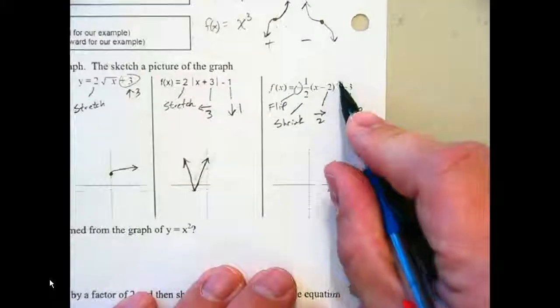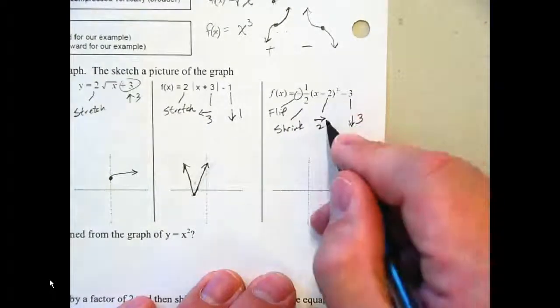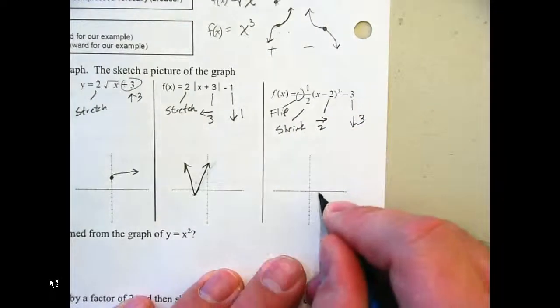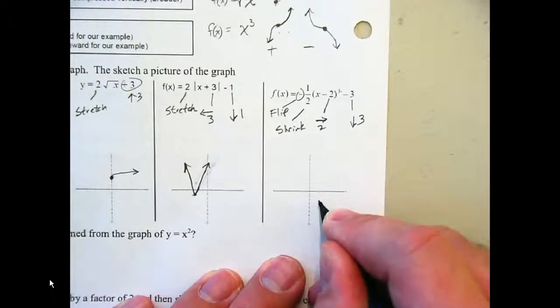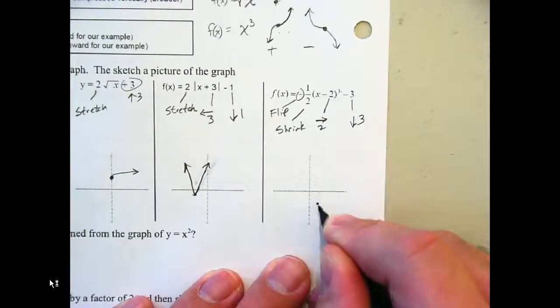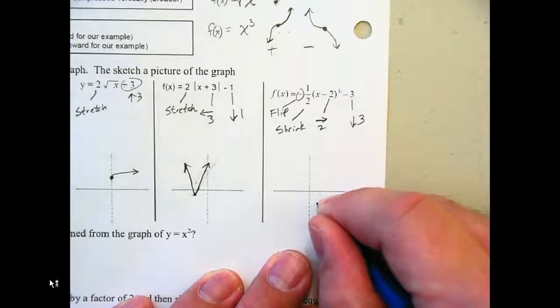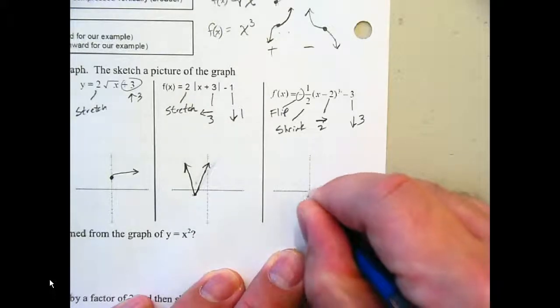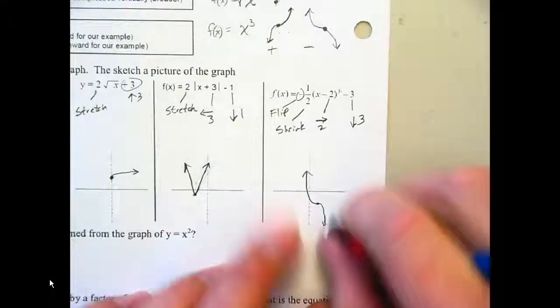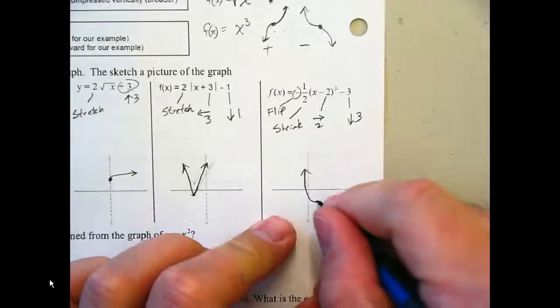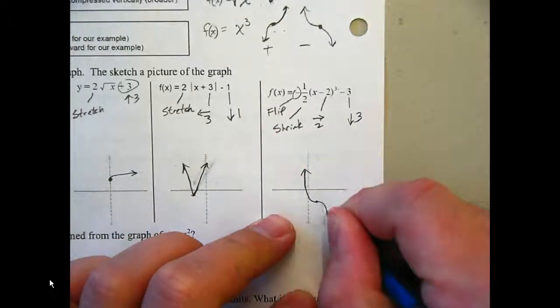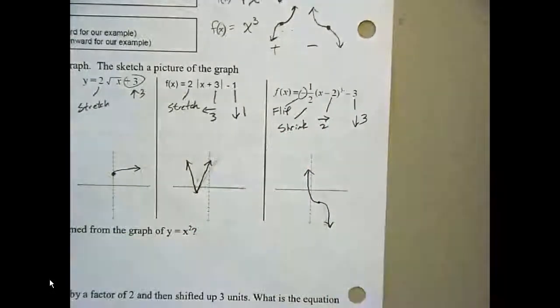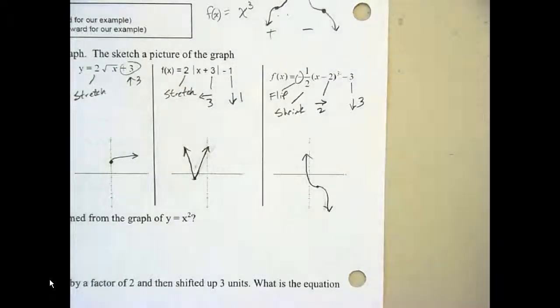Okay, and the cubic tells us this. So, we're going over 2, down 3, and it reflects it, and it's really wide. Not quite as wide as our previous one, because it's not. All right. Very good. We got it?